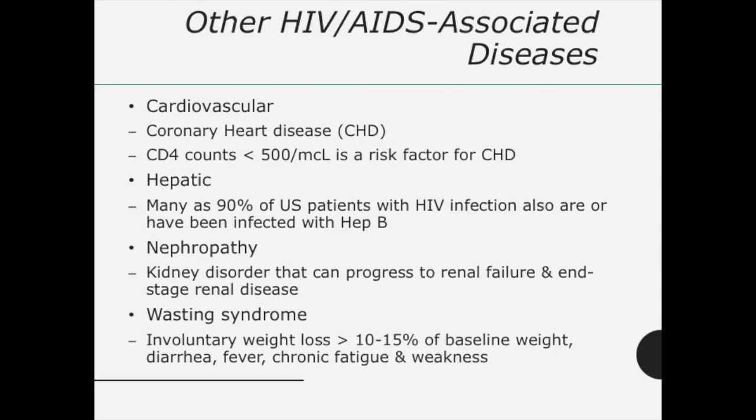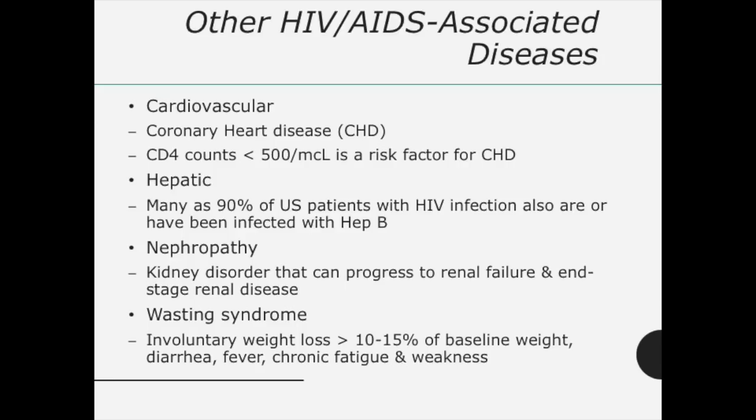Just a quick discussion on the other associated diseases that can go along with your HIV. You have patients with cardiovascular disease as a result, and then also just pointing out that there is a connection, as high as 90% of patients with HIV will also have Hep B. Then also you want to think about nephropathy and wasting syndrome.